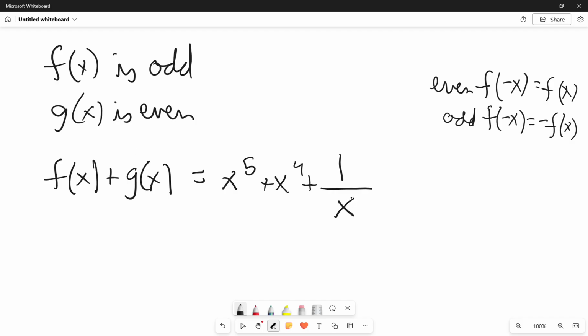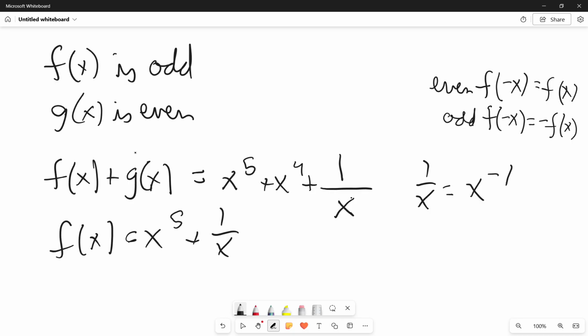As you can see, it's sort of obvious that f of x is just x to the 5th plus 1 over x. Because you can see that 1 over x equals x to the power of -1, and that is an odd exponent. x to the power of 5, 5 is an odd exponent too.